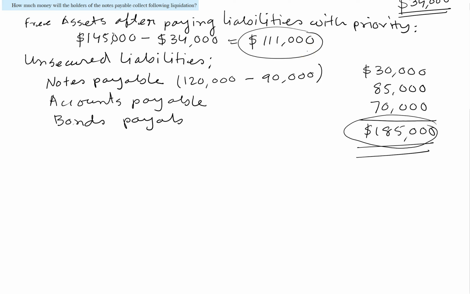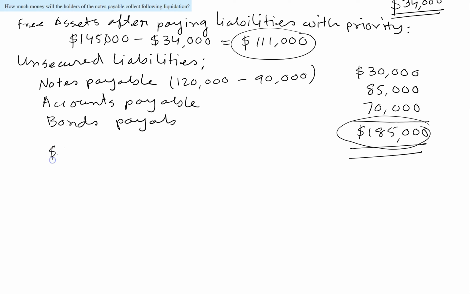If you do a little maths, 111,000 over 185,000, we get 0.6, or 60%. That means we will allocate these free assets among the unsecured liabilities proportionately, so all these three unsecured liabilities will be paid up to 60%.